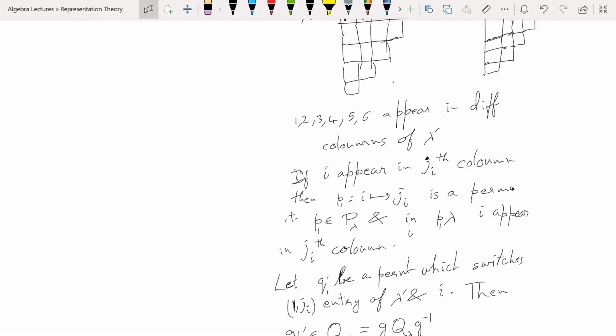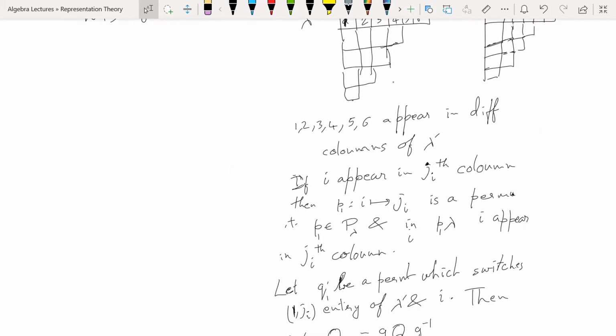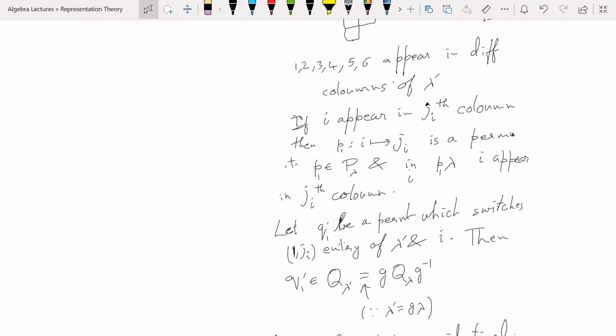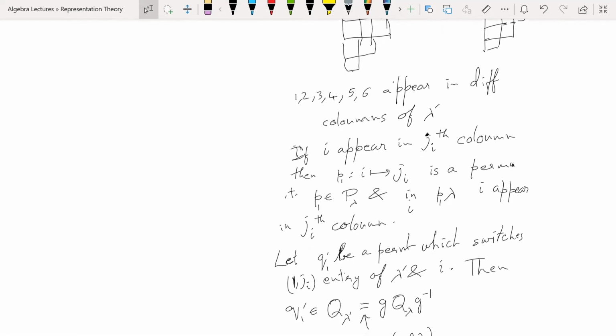And i, remember, is in the j_i-th column, but not necessarily in the first row. So let Q1 prime be the product of these transpositions. Then of course this Q1 prime preserves all the columns of lambda prime, because we are doing transpositions within a particular column. So Q1 prime is in Q lambda prime.